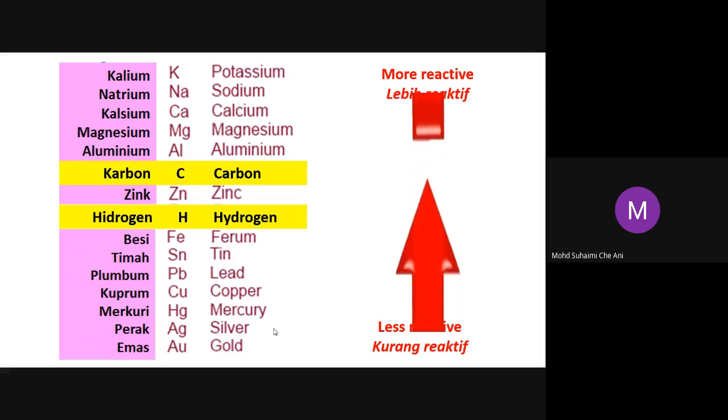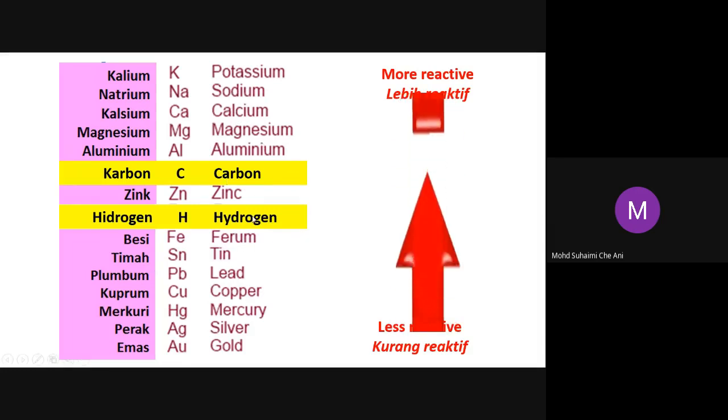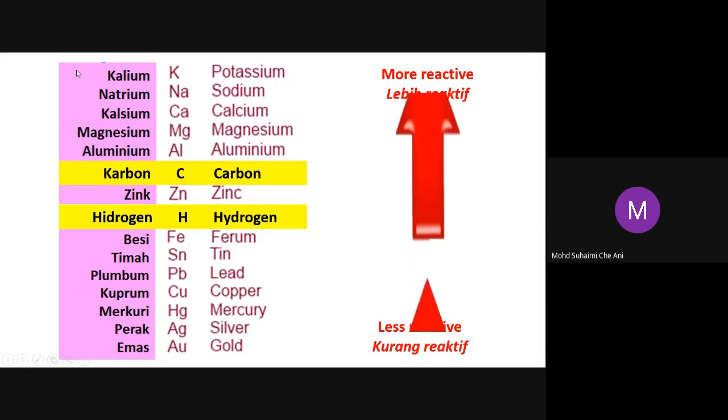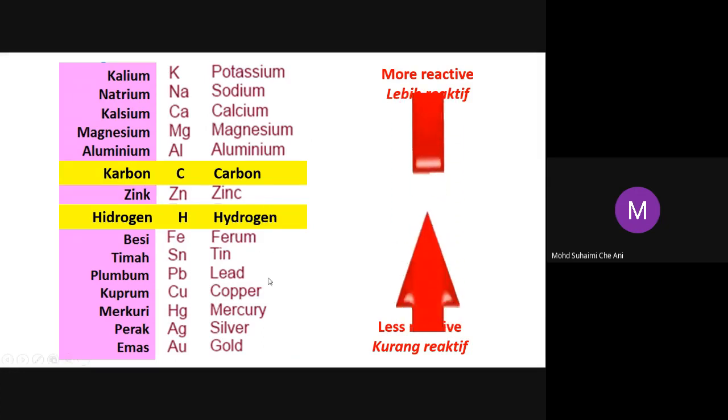Okay, to make this table, this series, easier to look at, I put the carbon and hydrogen into the reactivity series. So this one is the complete reactivity series of metals. All the metals that we have learned earlier, plus carbon and plus hydrogen.